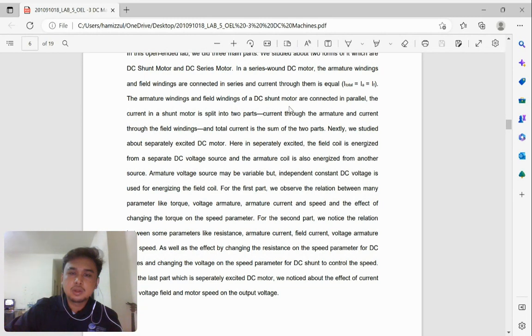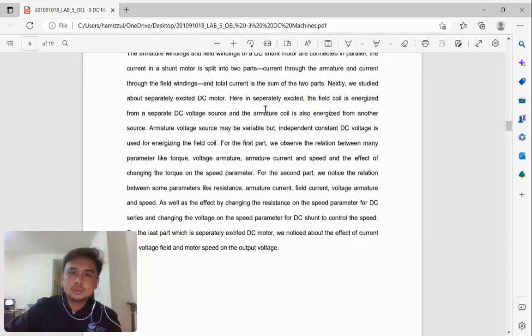But for the DC shunt motor, the armature winding and field winding are connected in parallel, so the current in a shunt motor is split into two parts. And for the separately excited motor, the field coil is energized from a separate DC voltage source, and the armature coil is also energized from another source.